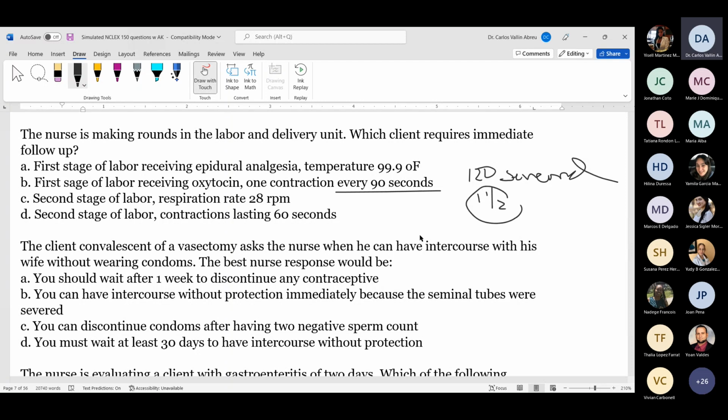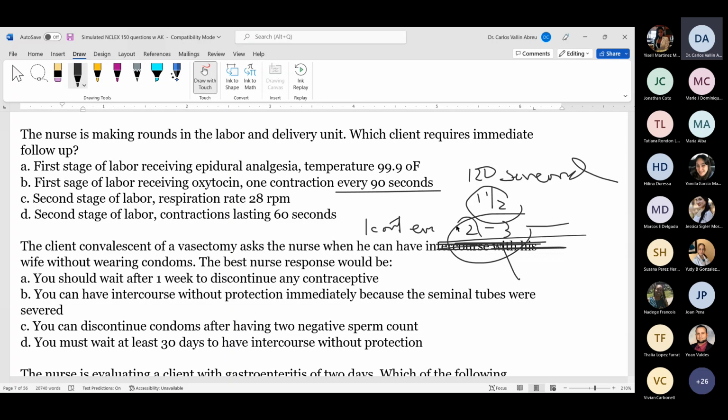So the pitocin, the oxytocin, is given to a woman until the frequency of the contractions reaches one contraction every 2 to 3 minutes. When you reach this level, the pitocin must be discontinued. This is no more than you can get with the oxytocin. This is the maximum frequency of contractions in a patient receiving oxytocin.